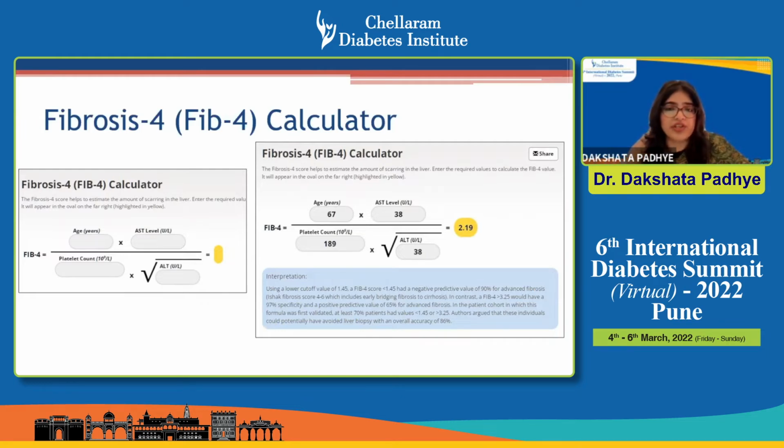This is just an example of one patient, a 67-year-old, for whom we entered values. His SGOT and SGPT levels are not badly deranged. But look at the FIB4 score. The score is 2.1, and on FibroScan, the patient was already at F2, F3 level of fibrosis. So this is a very important calculator score, or preventive score, I would say, for fibrosis.